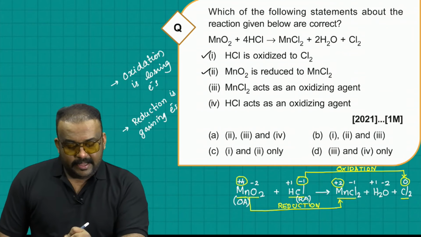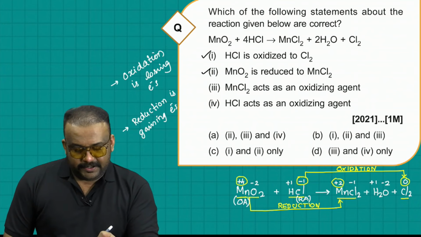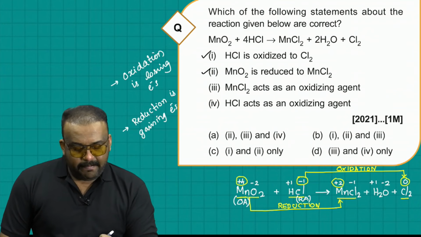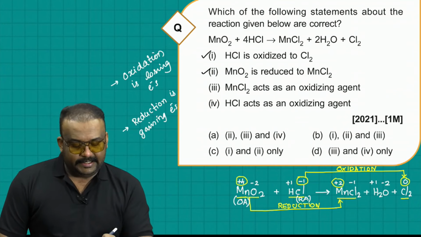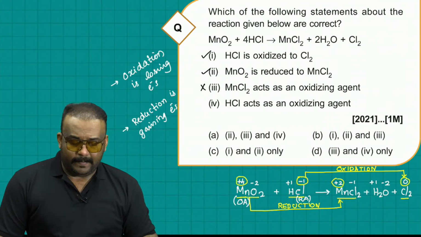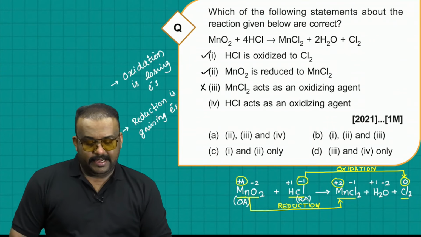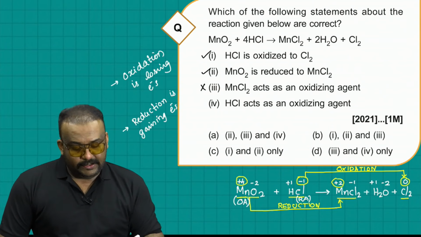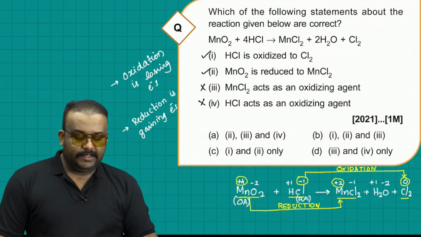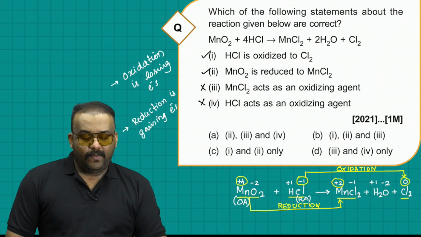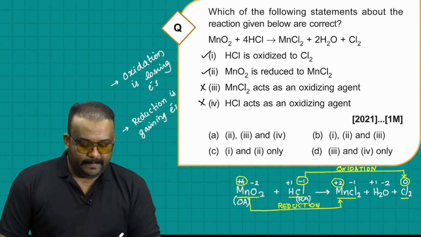In the other options, it is written that MnCl2 acts as an oxidizing agent. That is very much wrong. And HCl acts as an oxidizing agent. That is also not correct. So the correct options are 1 and 2 only.